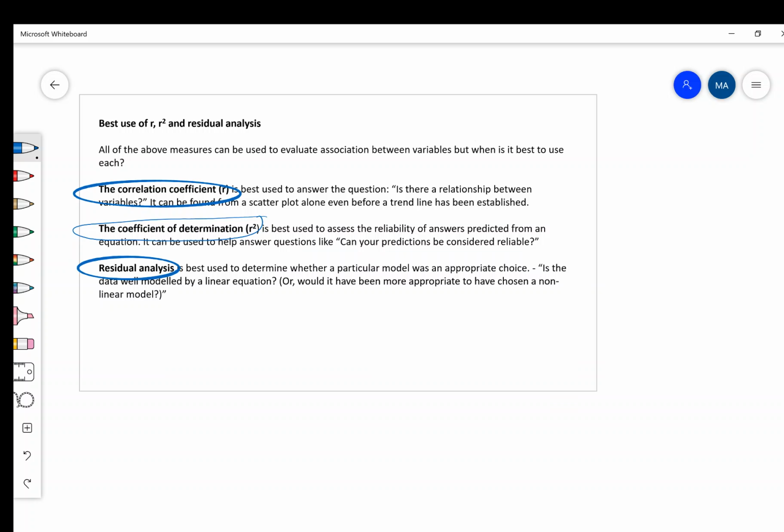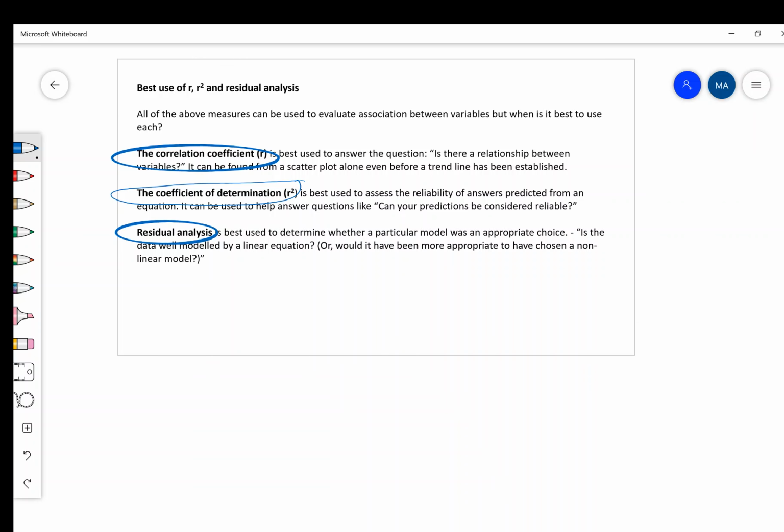Now, whenever we're working in mathematical modelling or algebraic modelling, there are two questions we'd like to ask ourselves. First one, is it a good model?